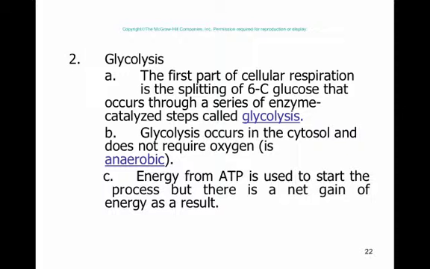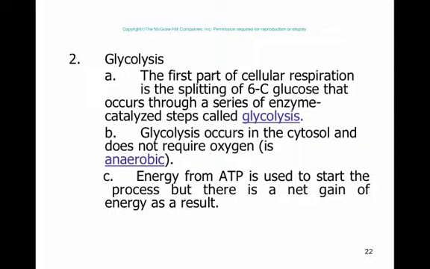It burst. So burst or the breaking apart. Same with hydrolysis, the reactions where water is broken up and put into the molecules to break up a larger molecule. The suffix lysis means to break. So glycolysis is breaking apart the glucose.